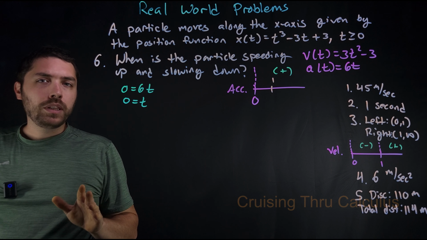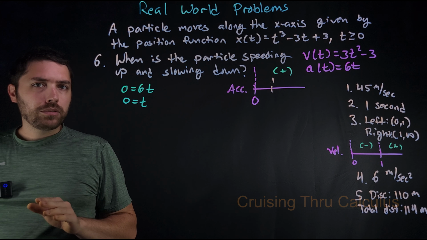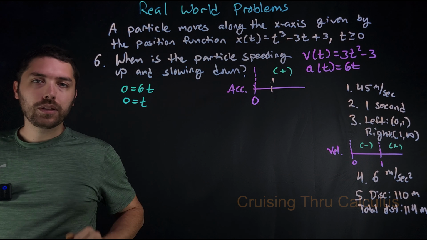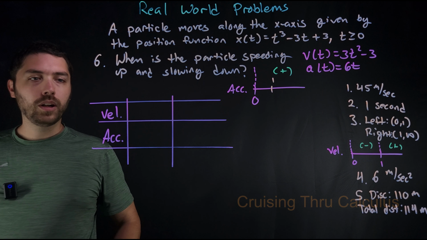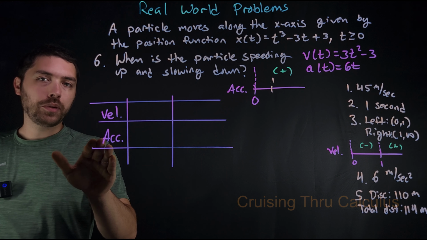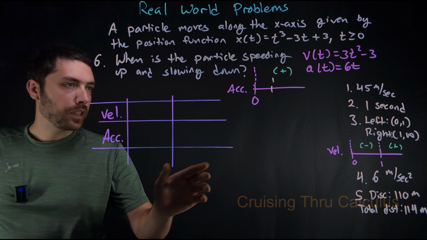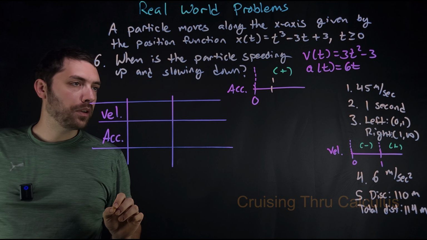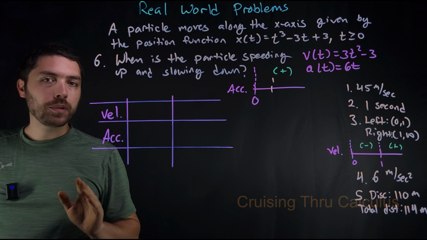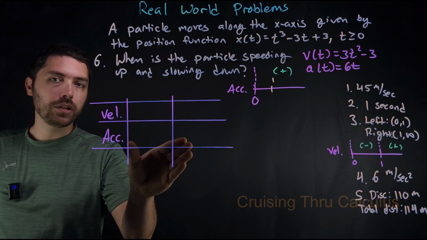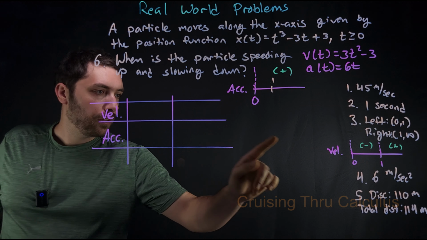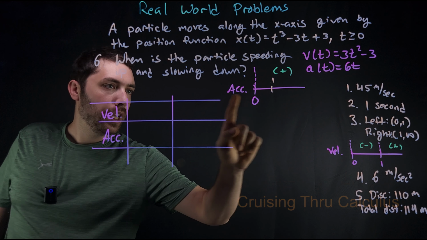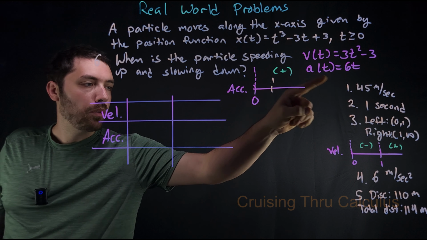So how do we figure out when the object is speeding up or slowing down? Well, let's create a table and put all the information that we've just found together. All right, I've constructed a velocity acceleration table. Now I'm going to use my acceleration and my velocity graphs that I created over here, and using all the numbers that I found, I'm going to create them as intervals over here. So for example, velocity was from 0 to 1, and then from 1 onwards, and acceleration is just from 0 onwards.